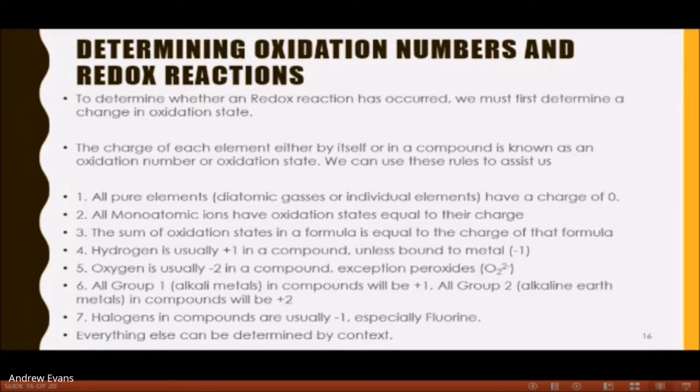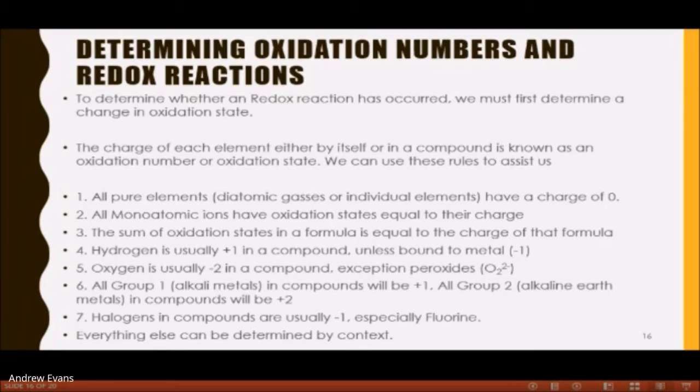Now, the next two are usually rules. Hydrogen is usually +1 in a compound, unless it's bound directly to a metal, which is not going to often be seen. So really, hydrogen is almost always +1. Oxygen is usually -2 in a compound. There is one exception, with hydrogen in peroxides, most often seen in hydrogen peroxide.